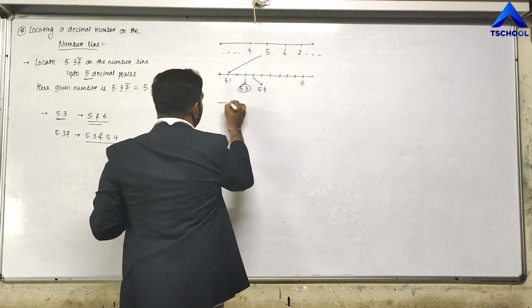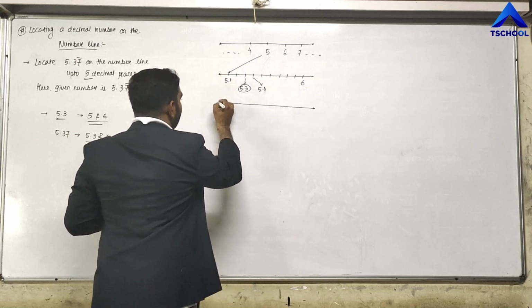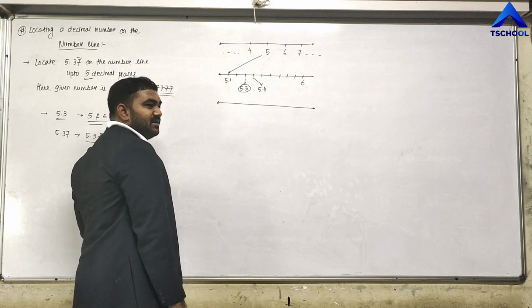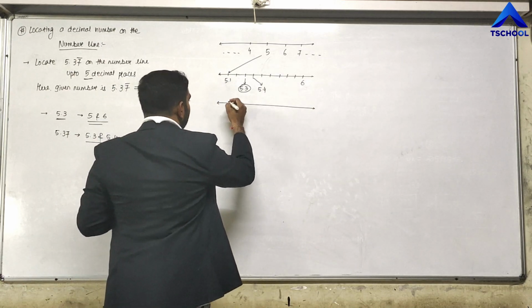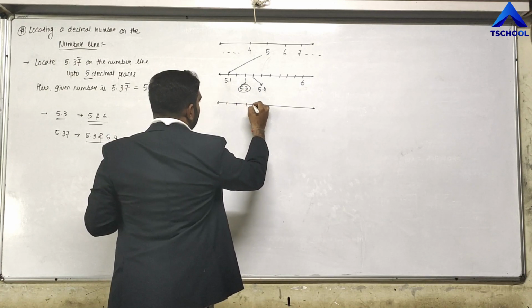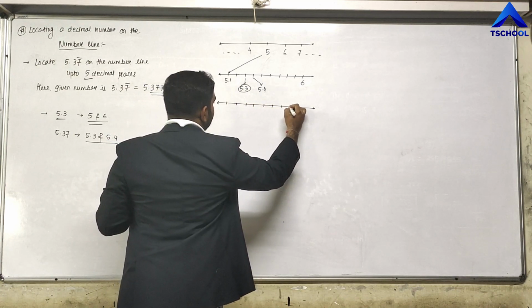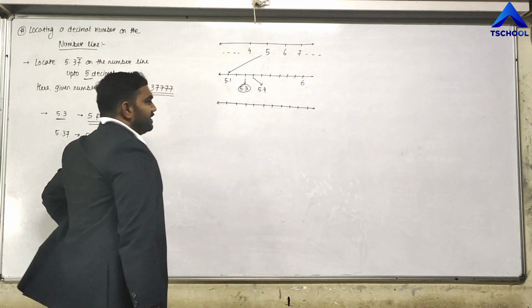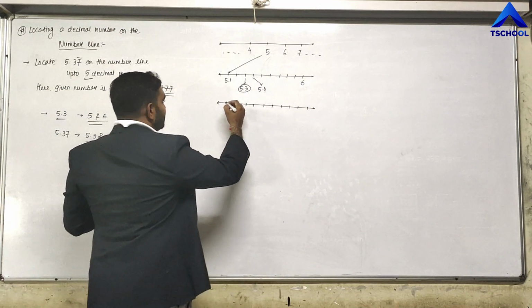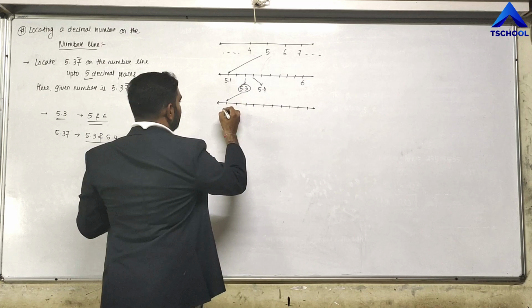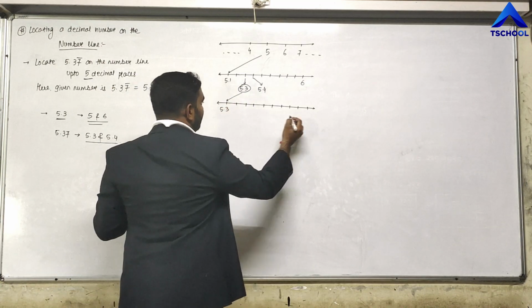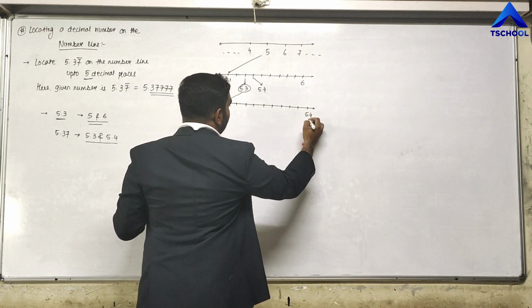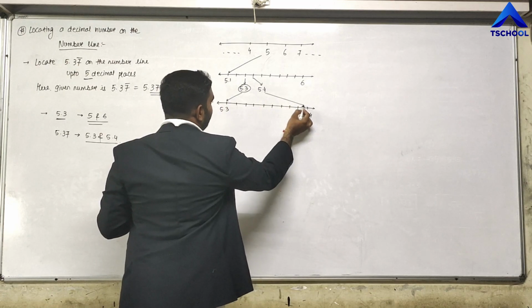Again I am going to draw a number line and I am going to mark 10 places, each of 1 centimeter. So that is 1, 2, 3, 4, 5, 6, 7, 8, 9 and 10. These are my 10 places. The first place would be referring to 5.3 and the last place would be referring to 5.4.